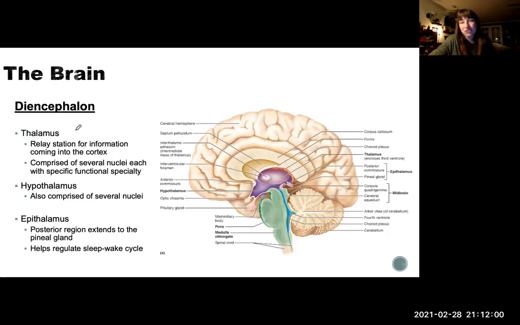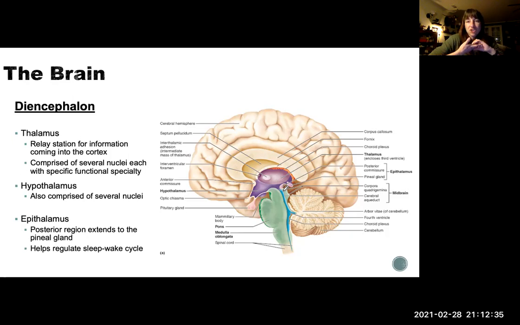Your thalamus, which we have encountered several times up to this point, hopefully in part A, is like the relay station for information coming into the cerebral cortex, okay? Basically, any sensory information, whether it be visual information, auditory information, or sensory information from your skin or your visceral organs, is going to have to pass through the thalamus before it is allowed to go on to the somatosensory cortex.